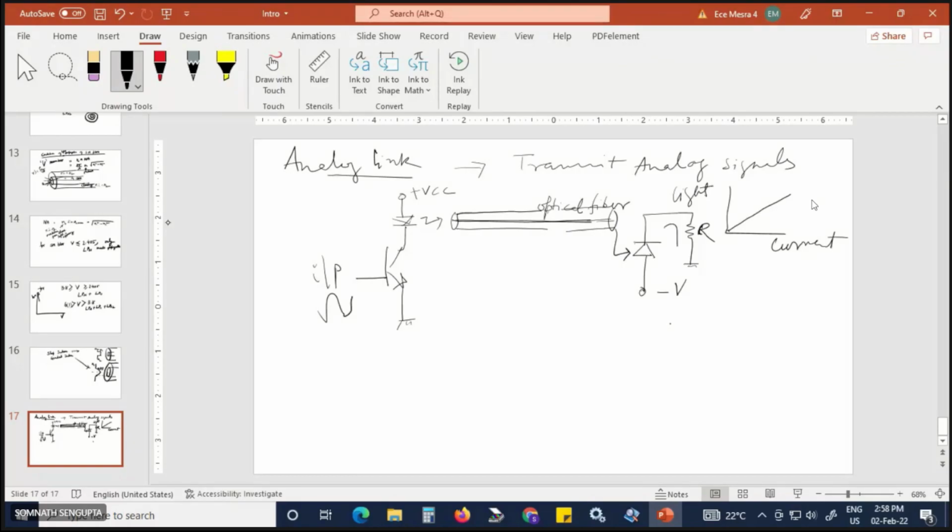Then the current will flow across the load resistance.